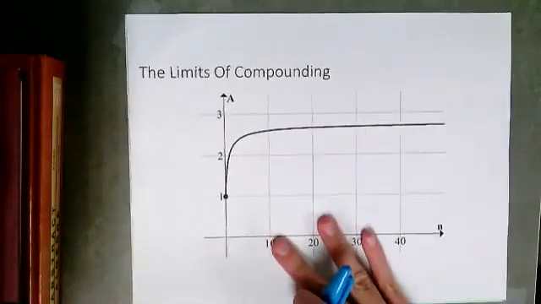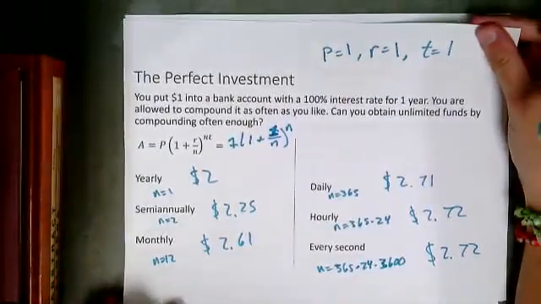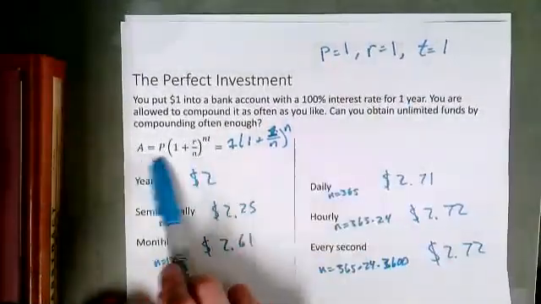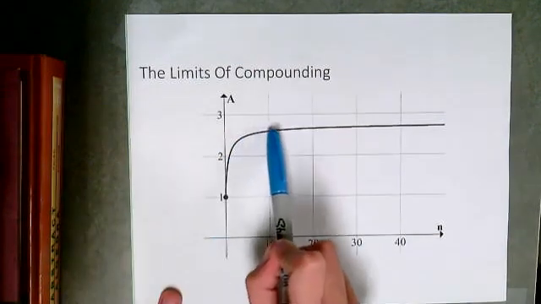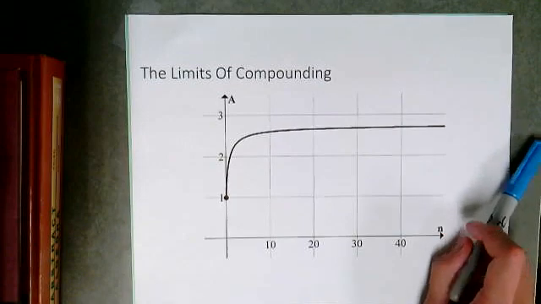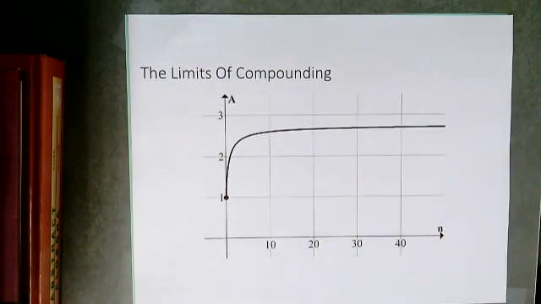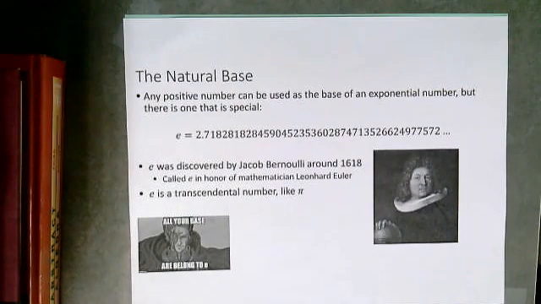So if we look at the graph of what's just happening, of this guy, what we get is a graph that looks something like this. And what happens is it sort of levels off as you keep going further and further out on N. And, well, it goes to something kind of important. And that would be E, the natural base.